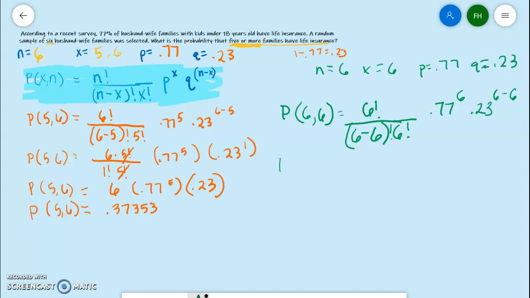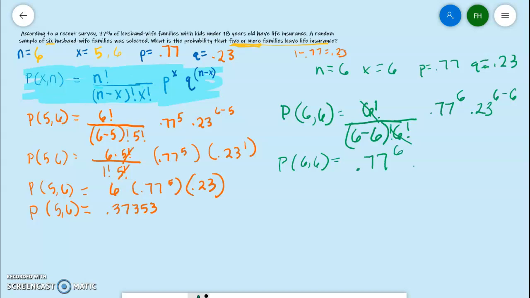So let's simplify that. You have a 6 factorial on the top and the bottom. Those are going to cancel. So you end up with 0 factorial on the bottom. Just note that 0 factorial is 1. So we end up with 1 here, which we don't have to write because we're multiplying other things by it.